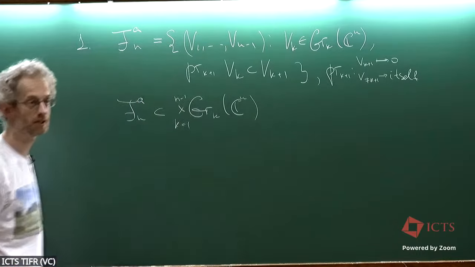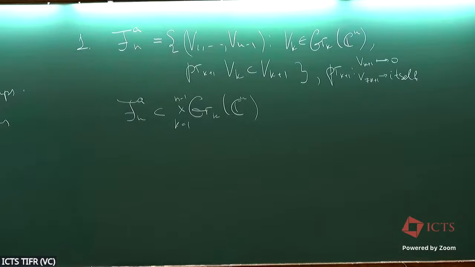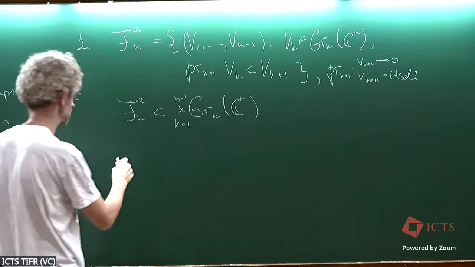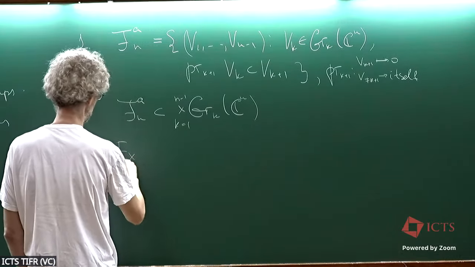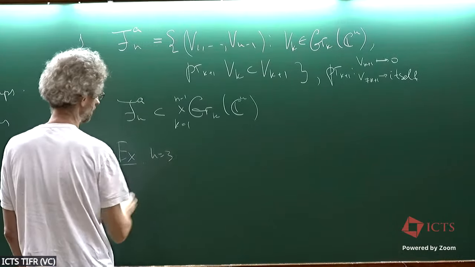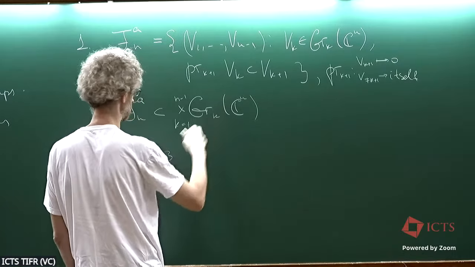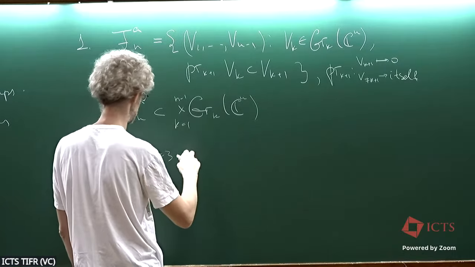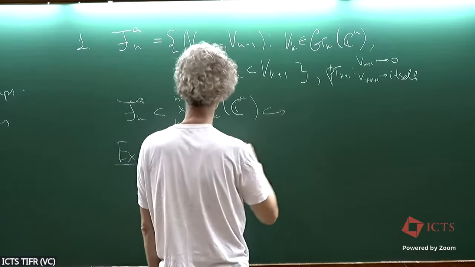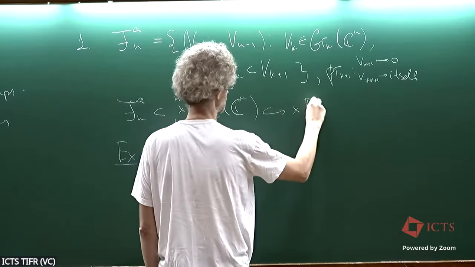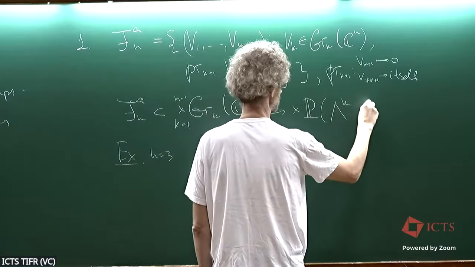And we've seen in an example that this is a very explicit description. In an example for n equals 3, we gave explicit relations cutting the image inside the product of Grassmannians. So these Grassmannians sit inside the product of projectivized wedge powers of Cn.